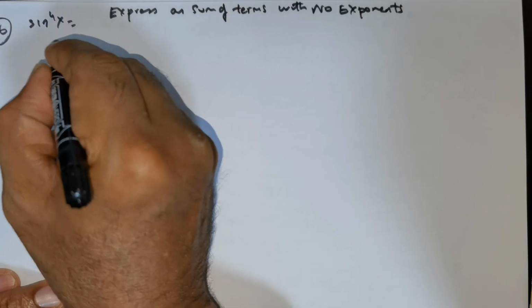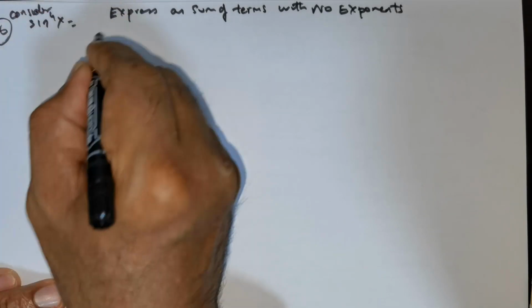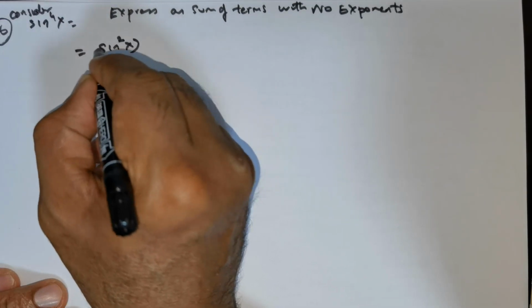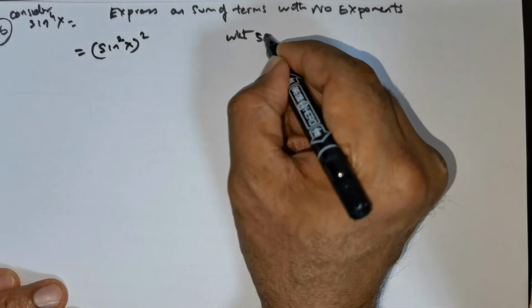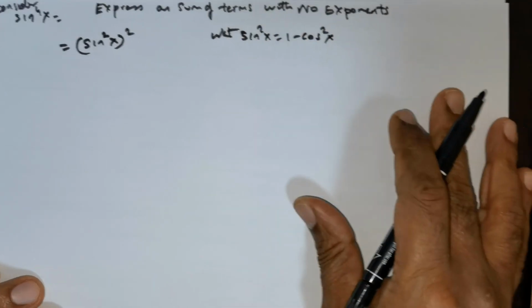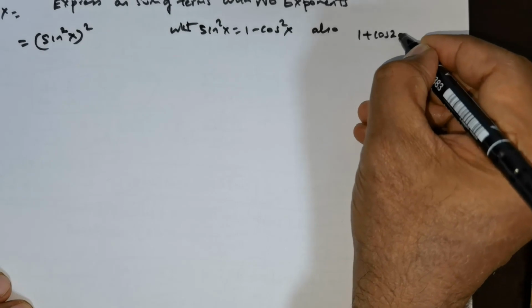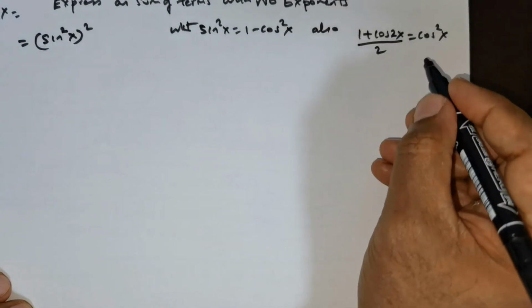Now what I wish to do is, I will start off with the word consider this. I'm going to rewrite this as sine squared x raised to the power of 2. Now we know that sine squared x is equal to 1 - cos squared x, and also we know that 1 + cos 2x divided by 2 is equal to cos squared x.